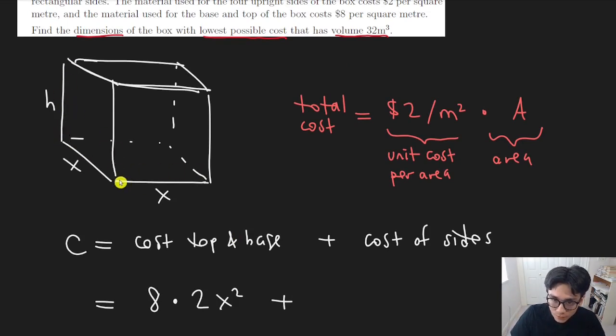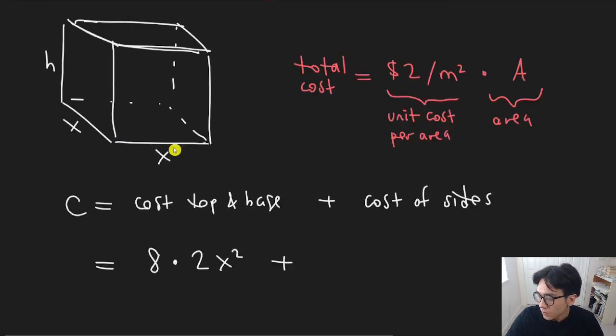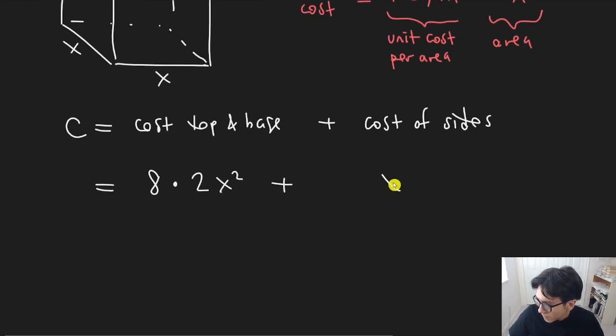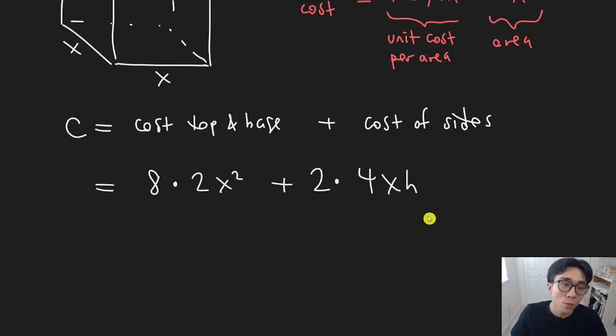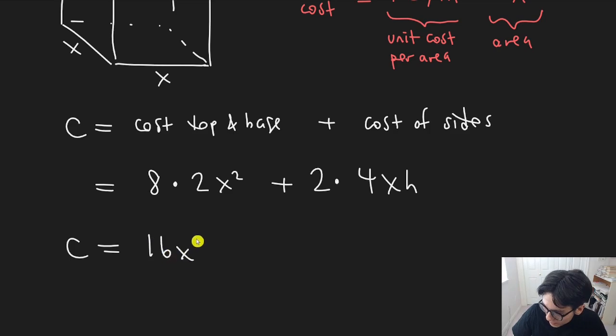And similarly, all the other sides would be x times h. So the cost per unit is 2, and then there's 4 of them. So our total area is going to be 4xh. Okay, that means that our cost, if I multiply this together, I'm going to get 16x squared plus 8xh.